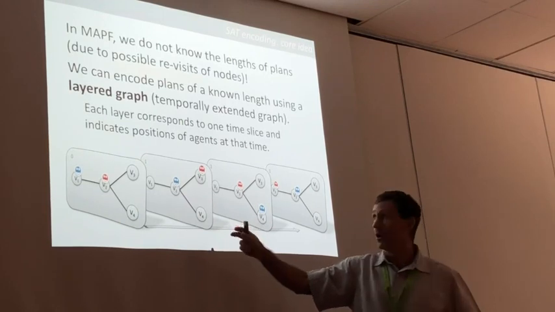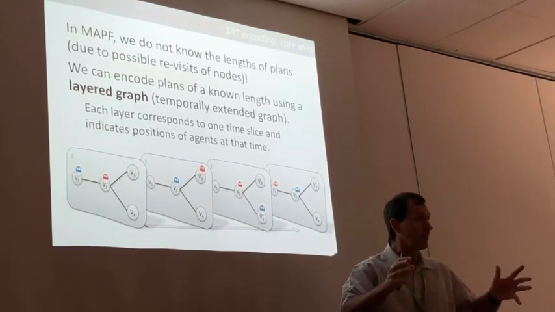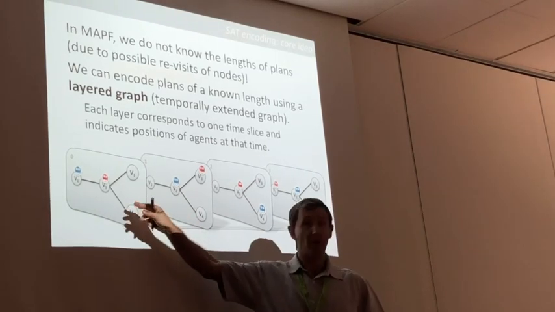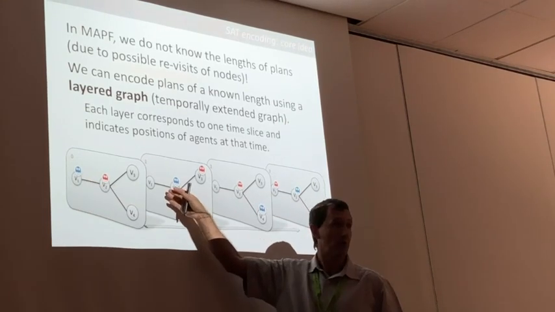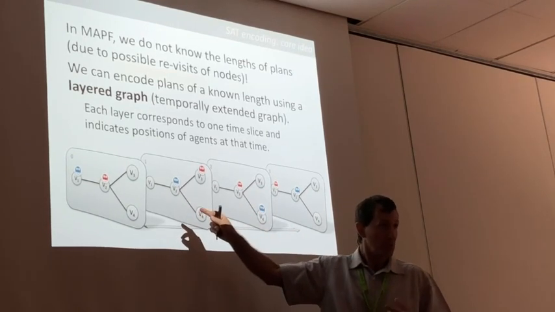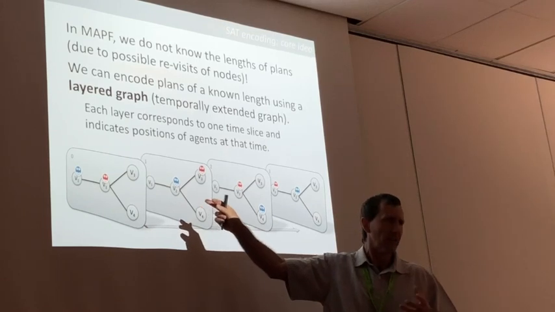Right? So you encode one layer using a set of Boolean variables, and their instantiation exactly describes the situation. The agent is here and the agent is there. Then you have the variables for this layer, for this layer, for this layer, and because of the constraints, you know that it really corresponds to an allowed move or wait.